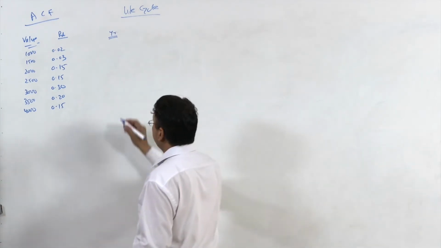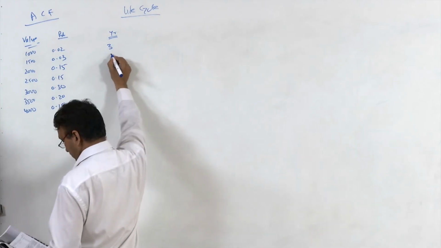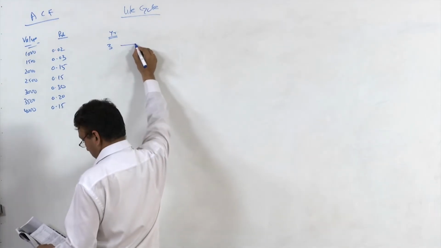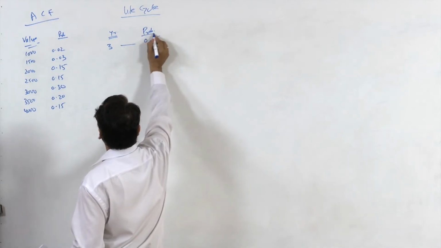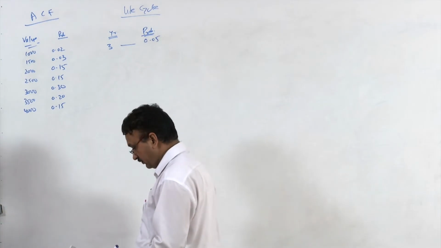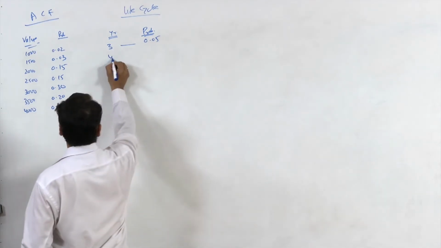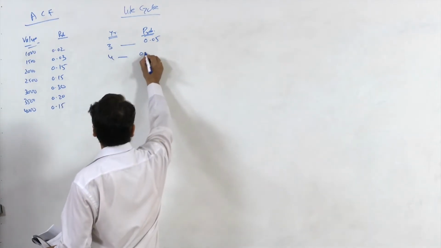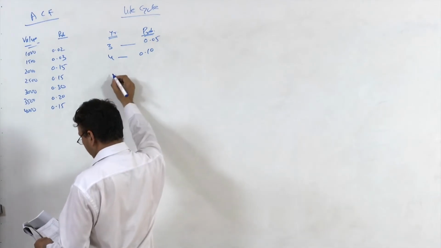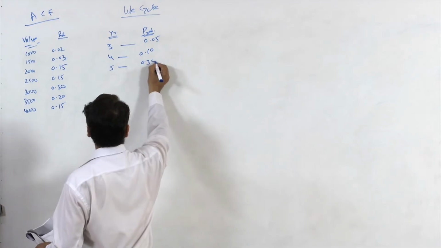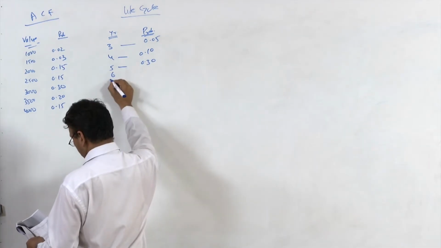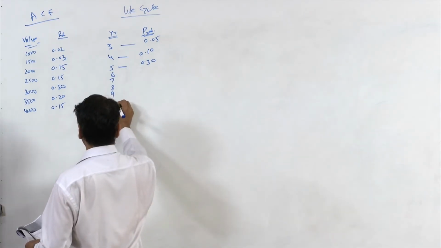So 3 years, probability 0.05, right. So this is probability, right. For the 4th year it is 0.10, for the 5th year it is 0.30, for the 6th, 7th, 8th, 9th and 10th.